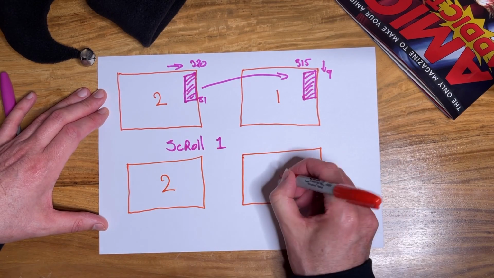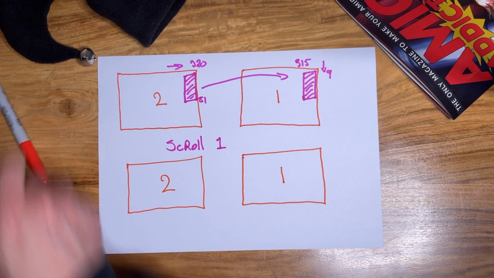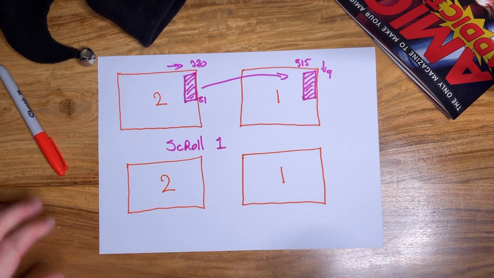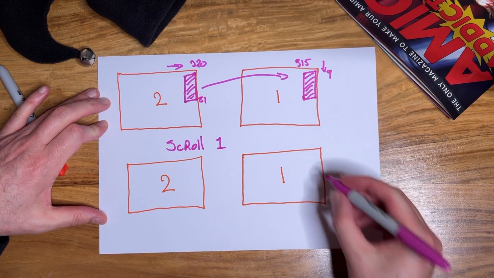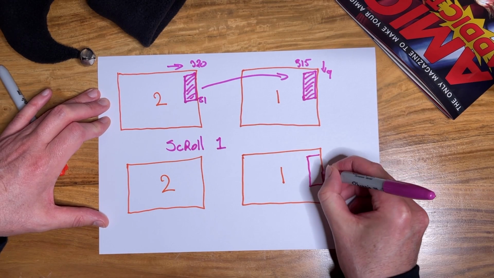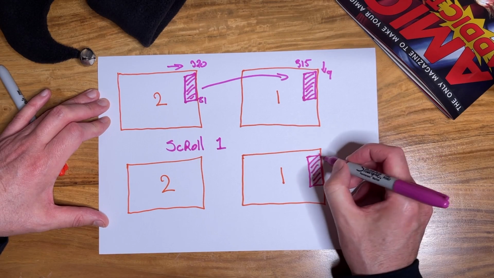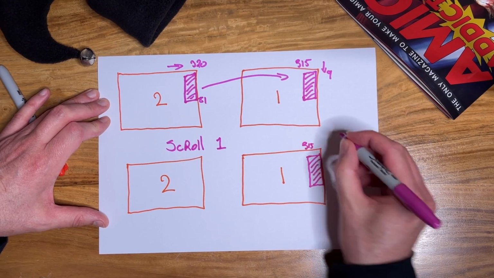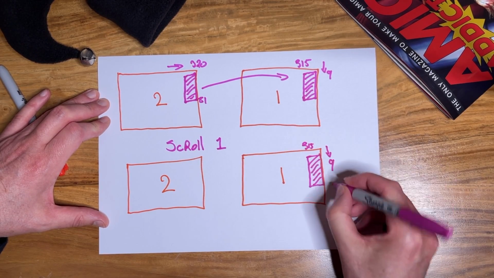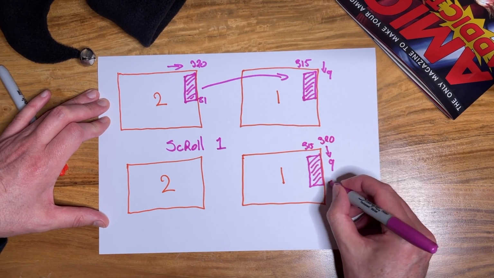So 2, 1. So then what we say to AMOS is, well, thanks for doing that scroll, but what I want you to do now is do a screen copy from screen 1, and I want you to take that area that you just dumped in there, 315 across and 9 down to 320 to 81.